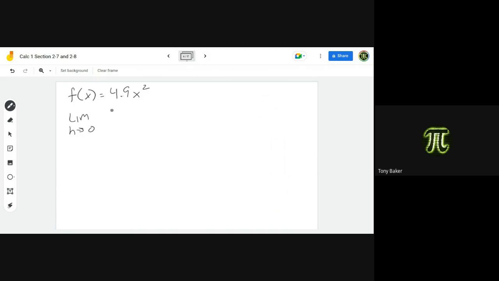So 4.9 times (x plus h) squared minus 4.9x squared, over h. So this time I just didn't plug a number. Actually, you know what I'm going to do? Instead of using x, because I think that might confuse, I'm going to use the a. I just left it as a.